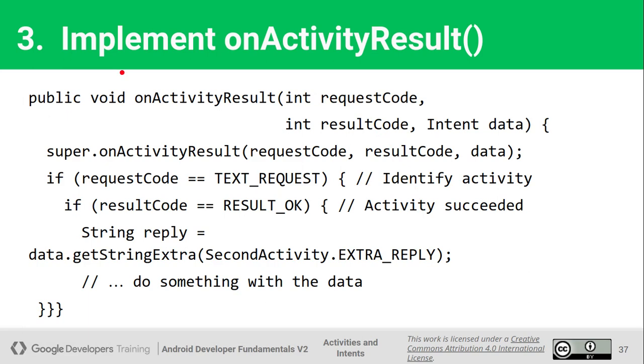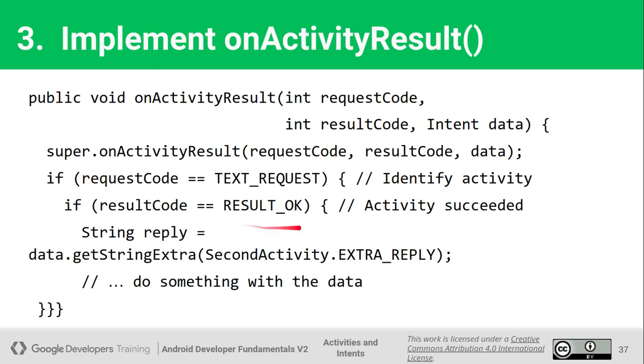In the first activity, which is the receiving activity, we first check the request code. So if the request code is number 1, then we know that the activity has returned some text or some message. Then we check the result code. If the result code is equal to RESULT_OK, it means the activity has returned some result.